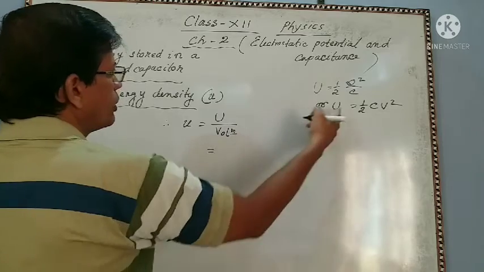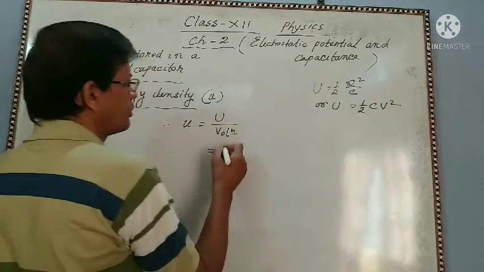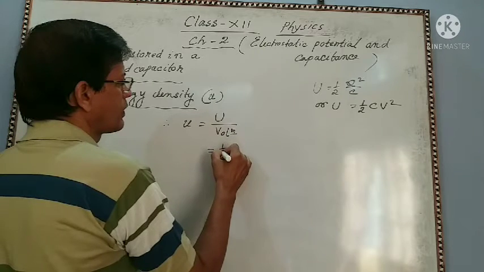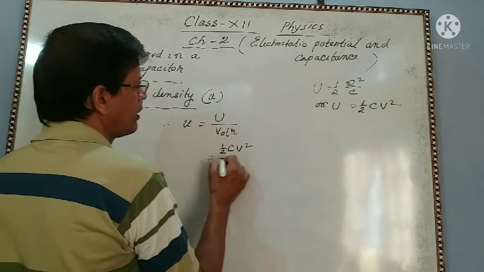U equal to half CV square, so you can write this formula as half CV square by volume.